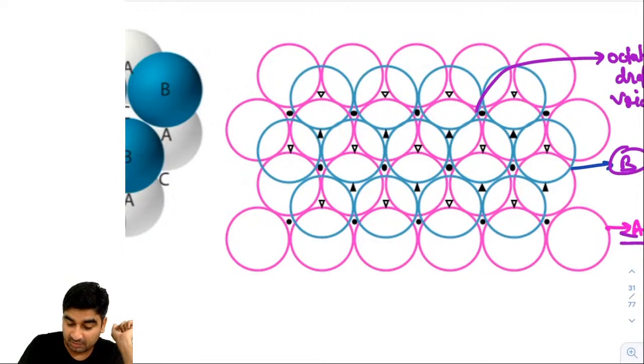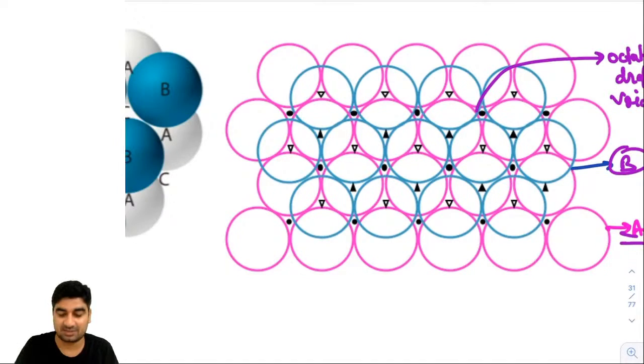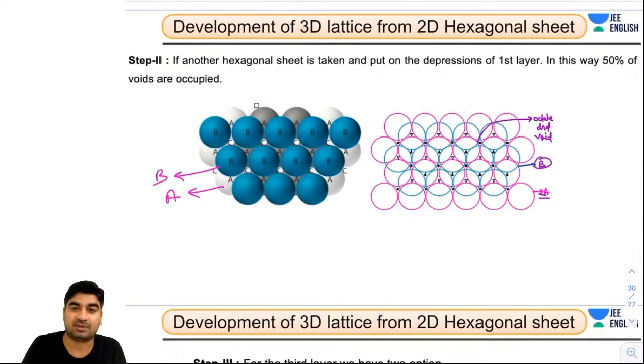But if I place this third layer over this type of void, then you can observe that this third layer is exactly above this pink first layer. So this arrangement will be known as hexagonal or AB type arrangement.